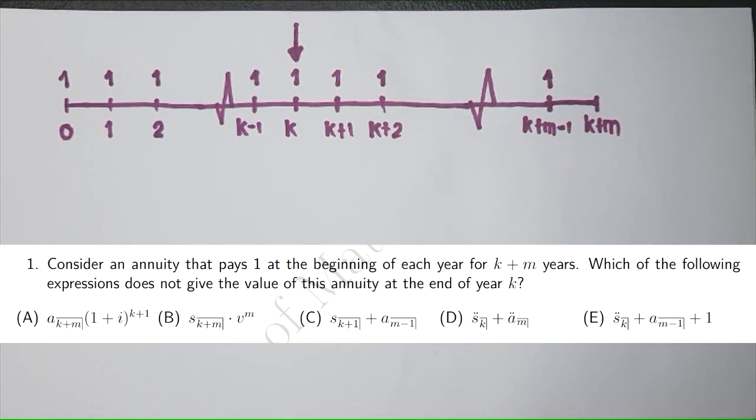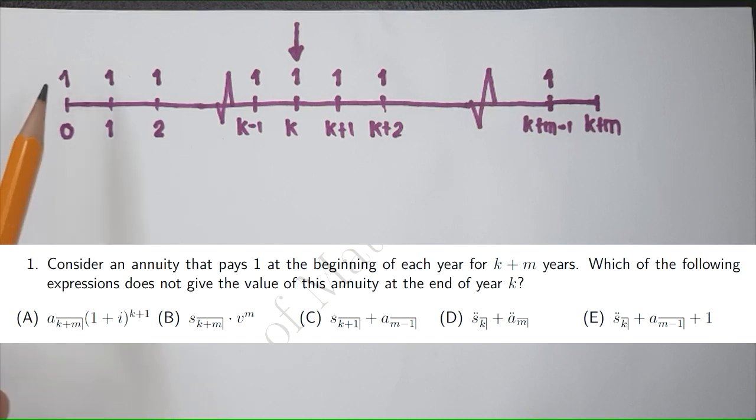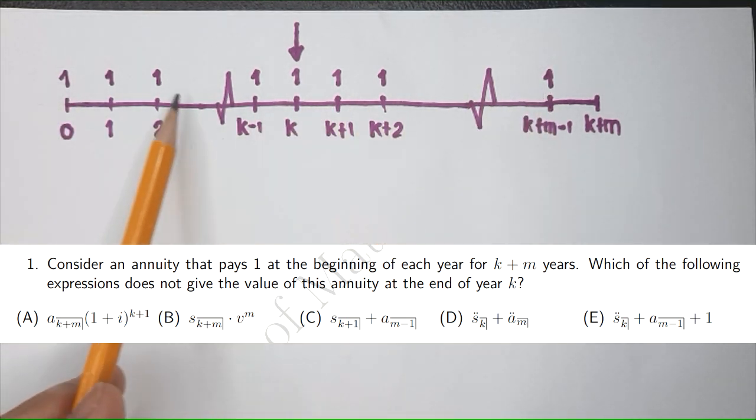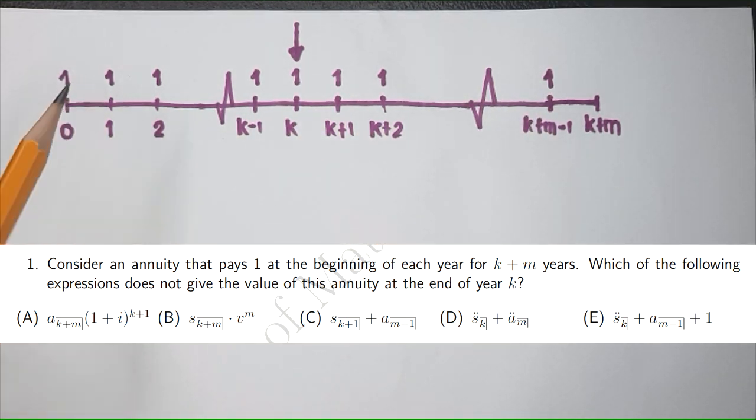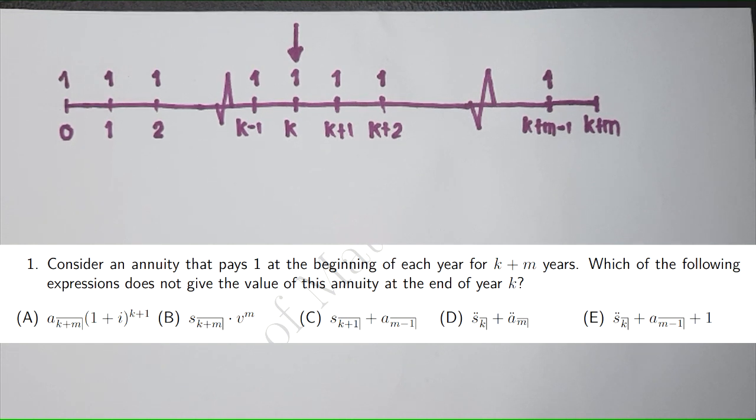So sa letter A, ang ginawa, the actuarial symbol used is for an annuity immediate. Okay? Kinuha yung present value ng lahat ng payments na ito. Okay? But since annuity immediate ang ginamit na actuarial symbol, hindi dito ang valuation date na ginamit.